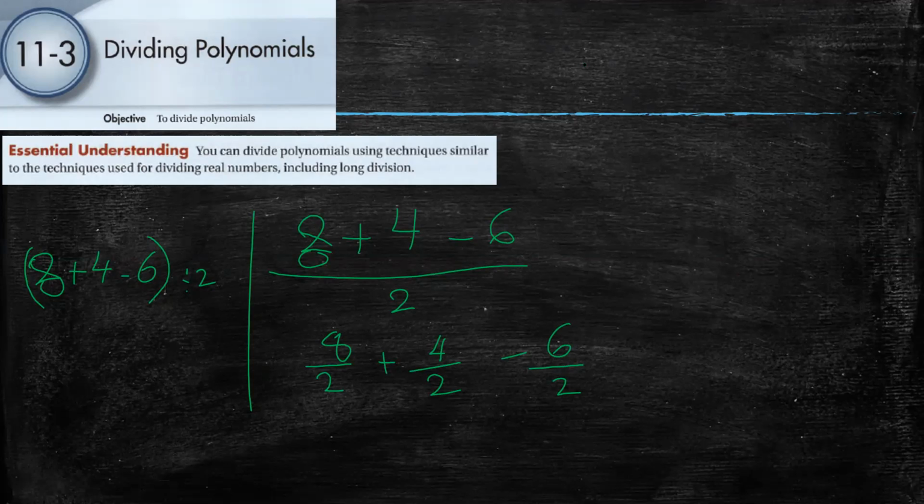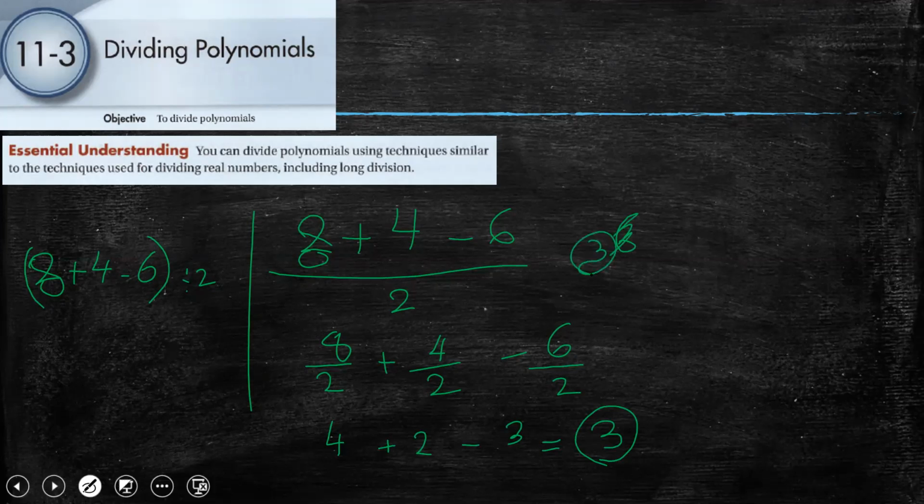Then 8 over 2 is 4, 4 over 2 is 2, minus 6 over 2 is 3, which is 3. So we get the same answer as before. This is for numerical fractions, where you can distribute the denominator onto the numerator.